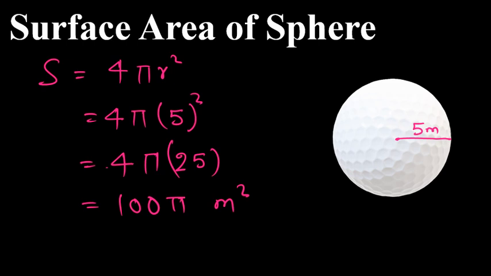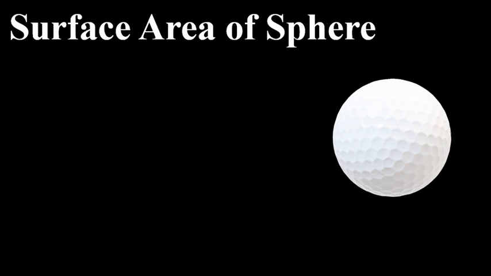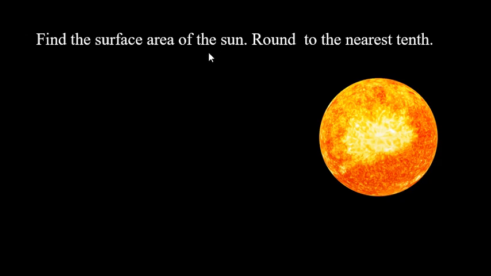Now let's take one more example. In the second example, find the surface area of the sun, rounding your answer to the nearest tenth.